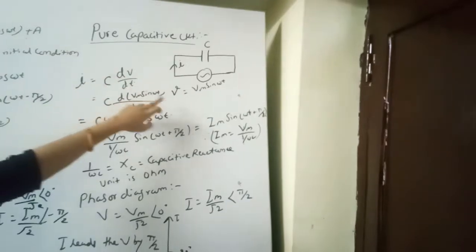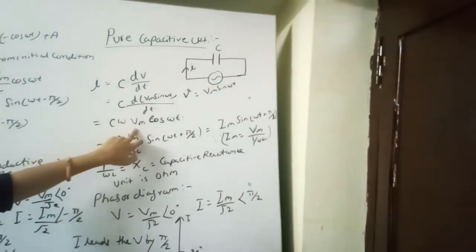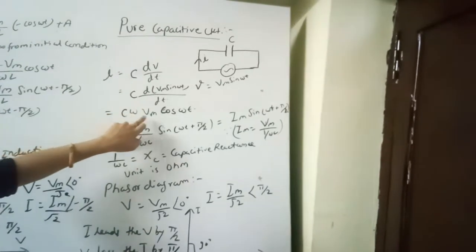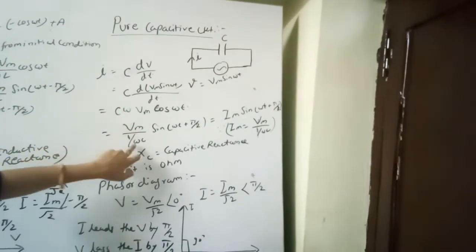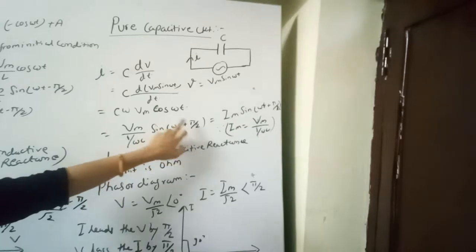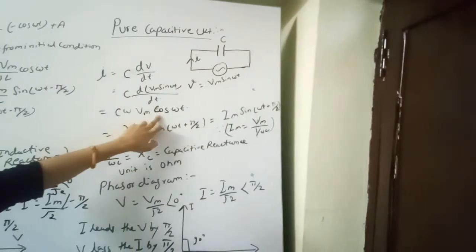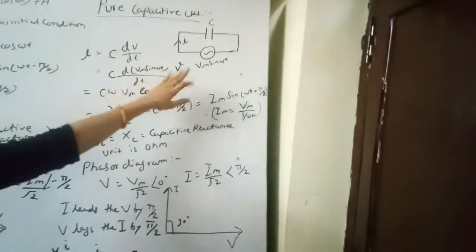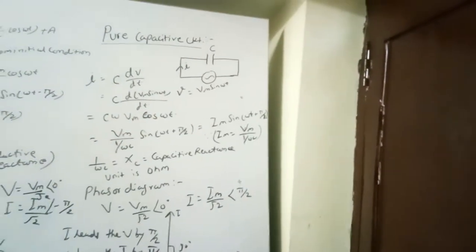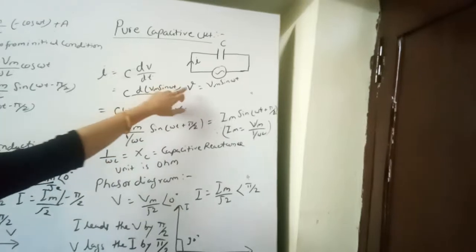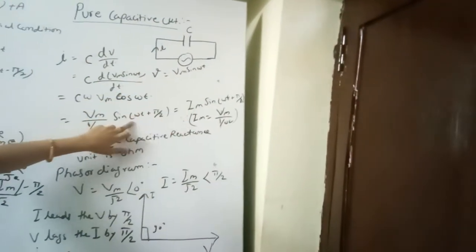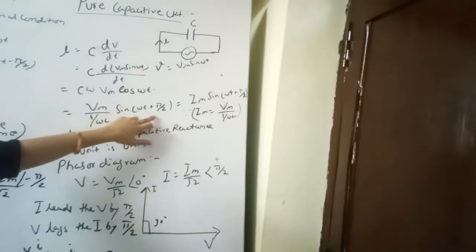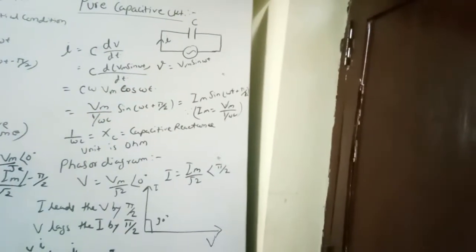So we can differentiate this V and we get this value: Vm upon 1 upon C omega, sin of omega t plus pi by 2. This cos omega t is converted into a sinusoidal function, as our source is a sinusoidal function. So voltage is sinusoidal and current is also sinusoidal, but voltage is taken as reference 0, while the current comes as plus pi by 2.